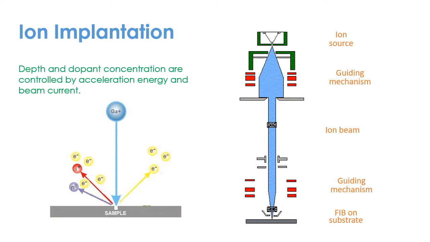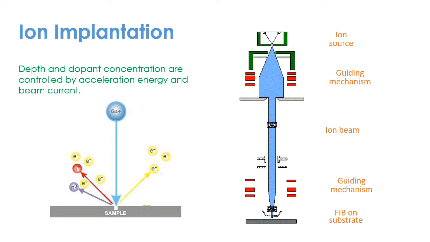This condition is undesirable, of course, but the damage can be repaired by the annealing step, which involves heating the substrate to a relatively low temperature, usually around 400 to 800 degrees Celsius, for around 15 to 30 minutes. Annealing provides the energy that the silicon lattice needs to rearrange and mend itself.